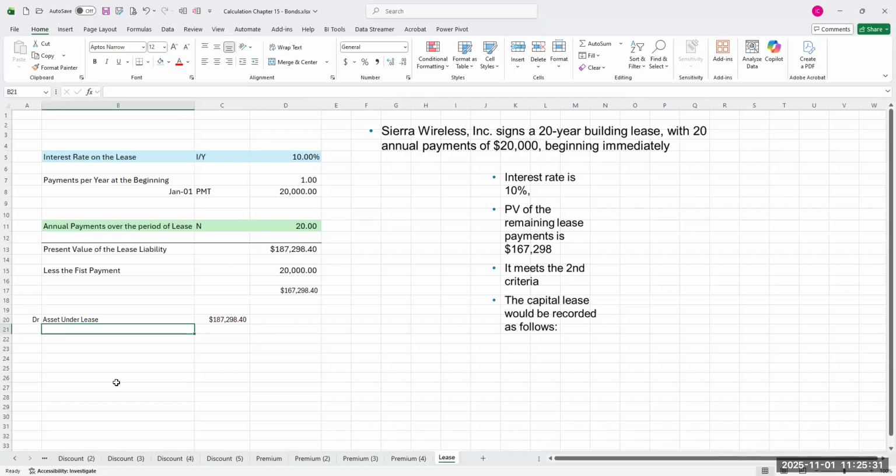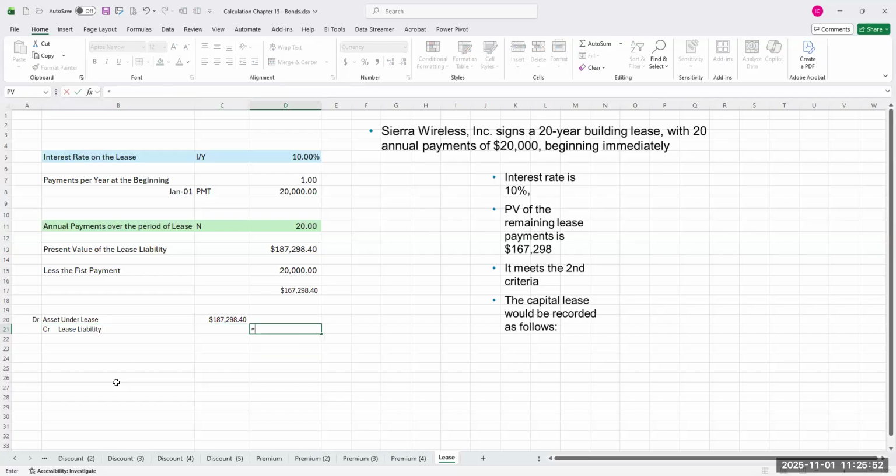Then we're going to have lease liability, credit. Lease liability, which is going to be this amount.